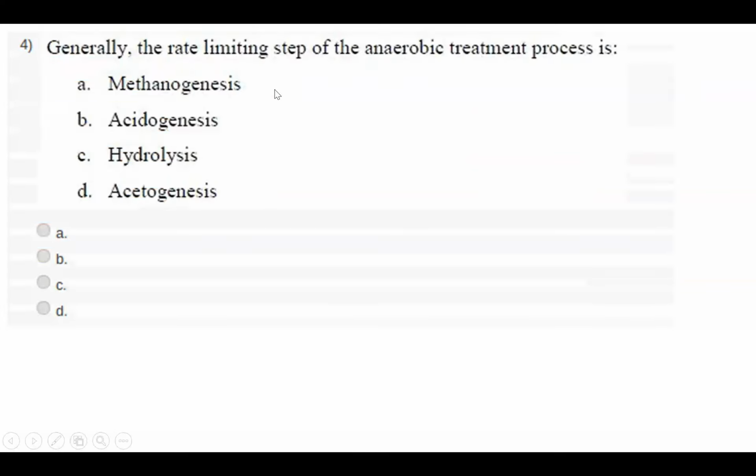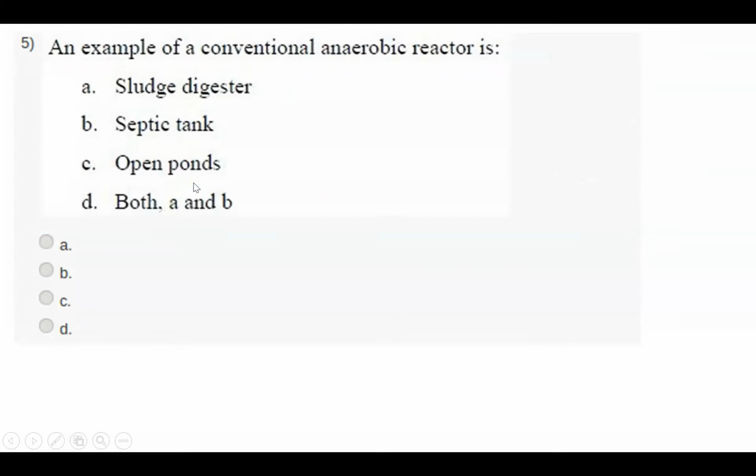Now, fourth, generally, the rate limiting step of anaerobic treatment processes: methanogenesis, acidogenesis. Yes, right, hydrolysis. Next, an example of a conventional anaerobic reactor is A, sludge digester, B, septic tank, C, open ponds.